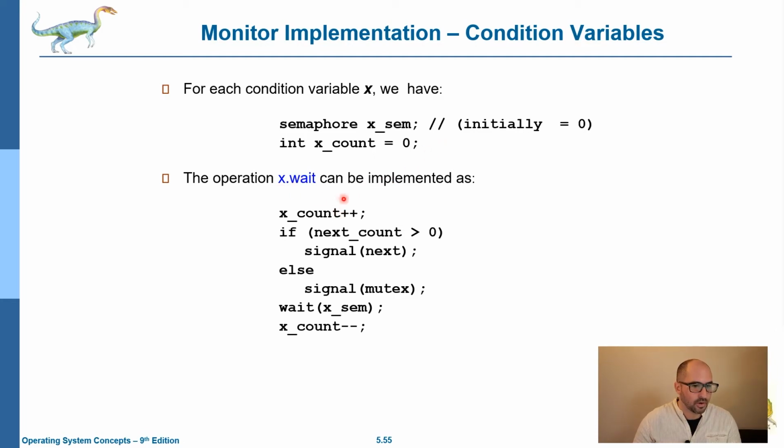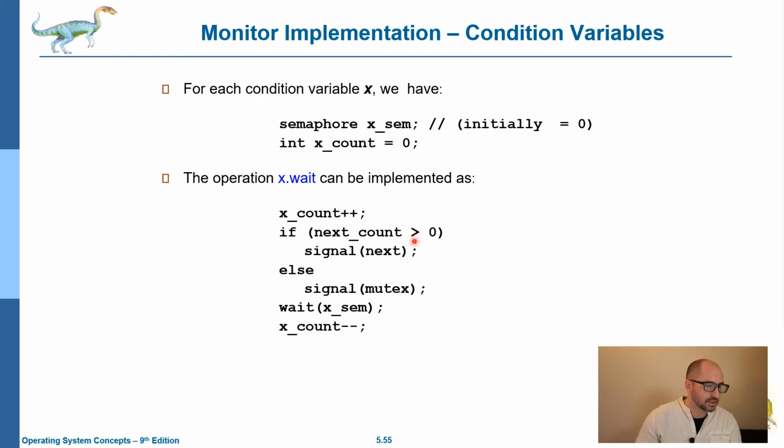So the first time that we call wait, the semaphore will be 0, and that causes us to wait at this line, and x count is non-zero. On the second call to wait before any signaling, count will be 1, we'll increase it again, we will likely signal on mutex and then wait on the semaphore.